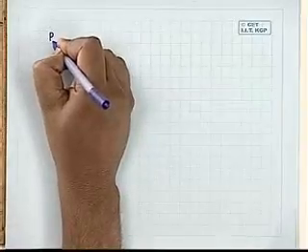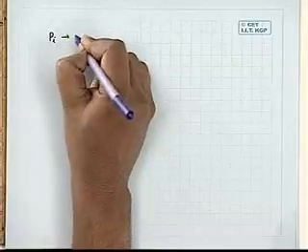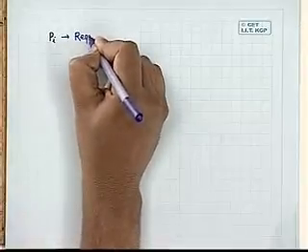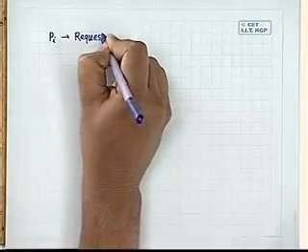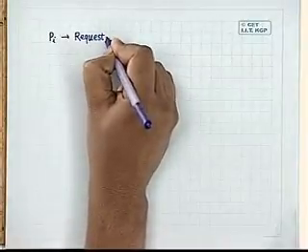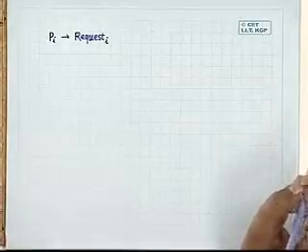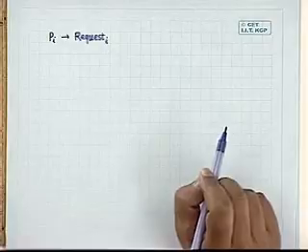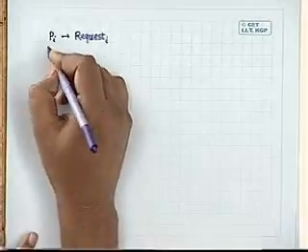So we assume that whenever a process pi puts a request, we represent that request by a vector called request i, the request vector for the ith process. And then the algorithm will work like this.